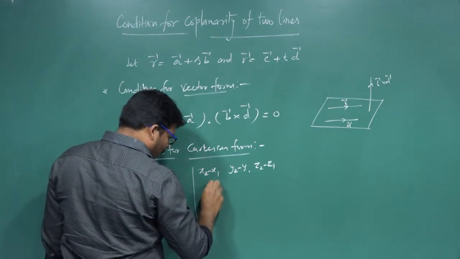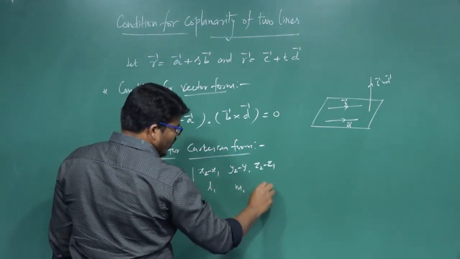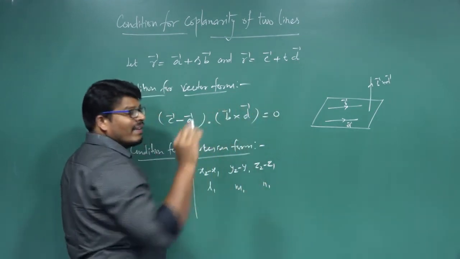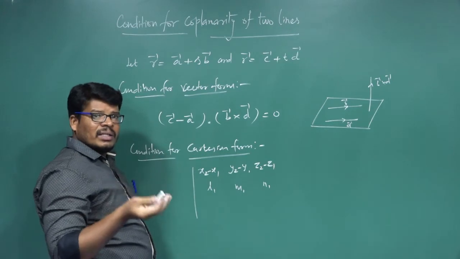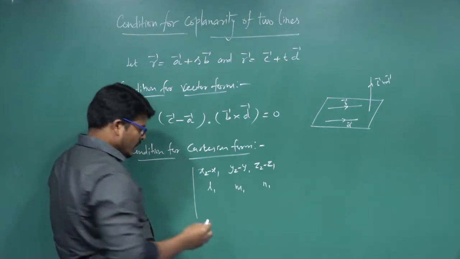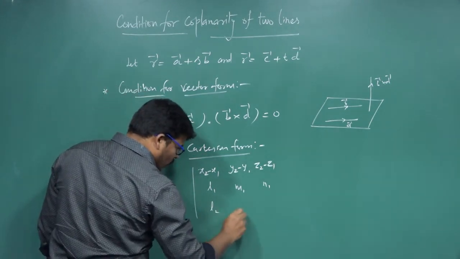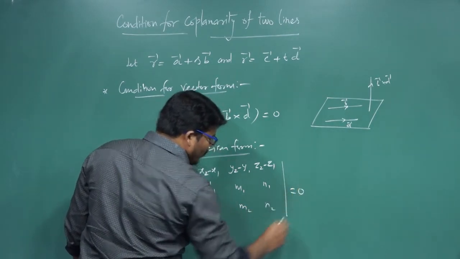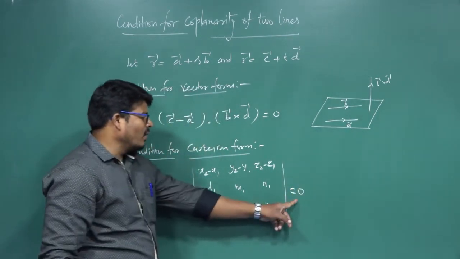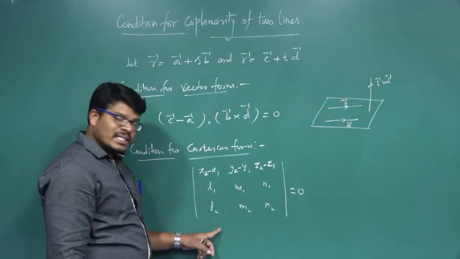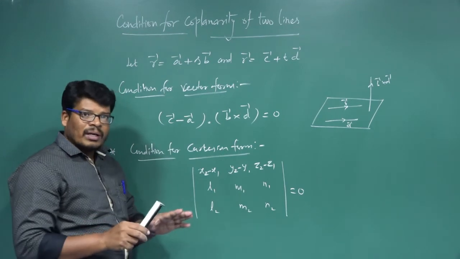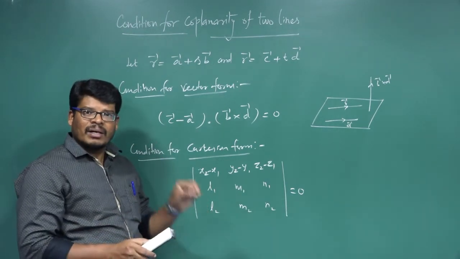Next, the direction of d vector is l2 m2 n2 or d1 d2 d3, you take any one. This determinant equal to 0 means the 2 lines intersect, and intersect means the 2 lines are coplanar. That is the condition for vector form and Cartesian form.